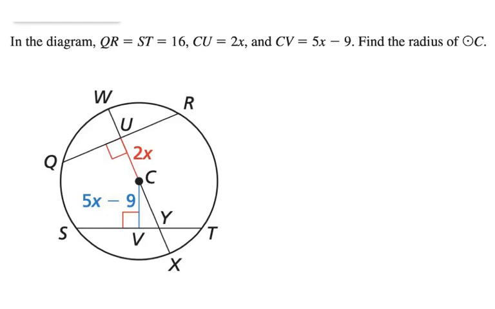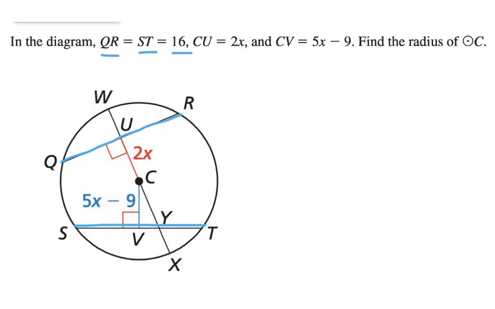All right, so we're told that chords QR and ST are both 16 here, so they're equal to each other, and they represent the length 16.